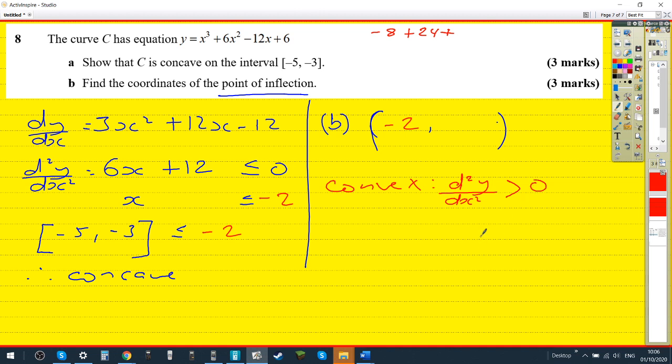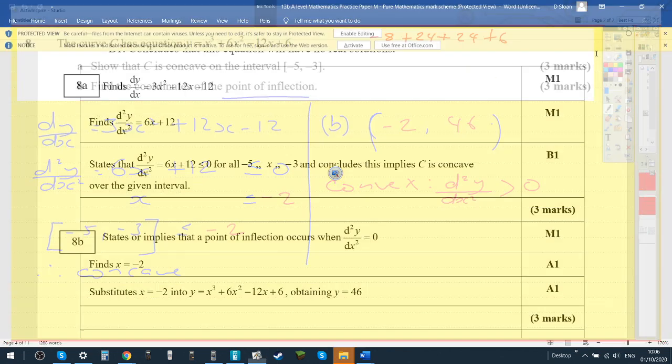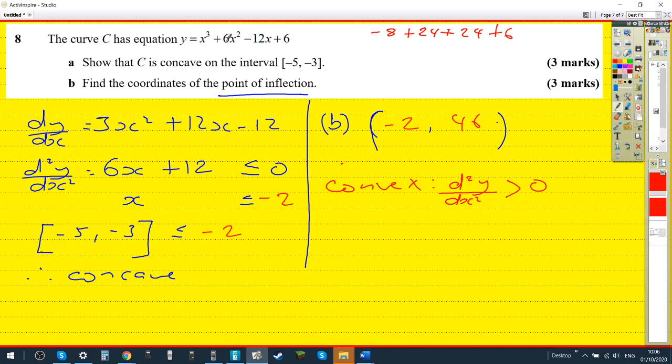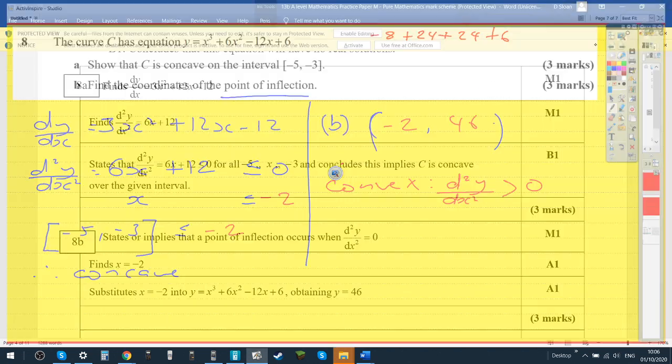Okay, yeah. So you have to get the double derivative, make it greater than 0. And what was this one? Plus 24 plus 6, that's minus 2, is it 46? 46, yeah. So concave, double derivative less than or equal to 0. Any questions there? No. Okay.